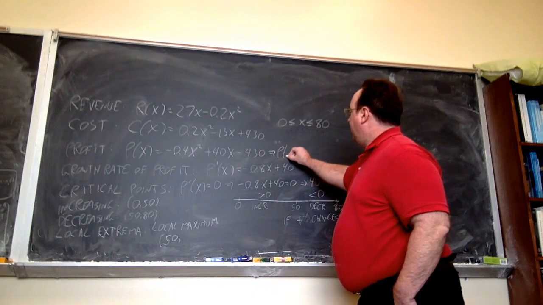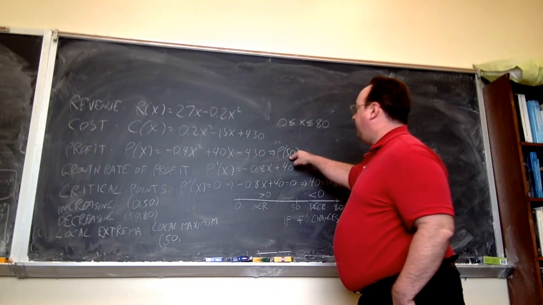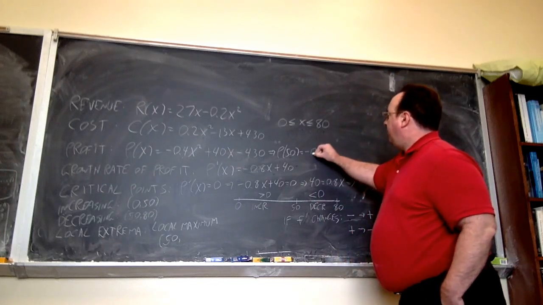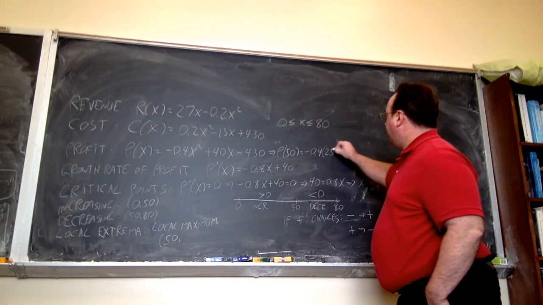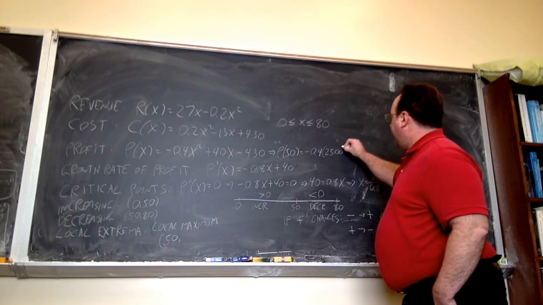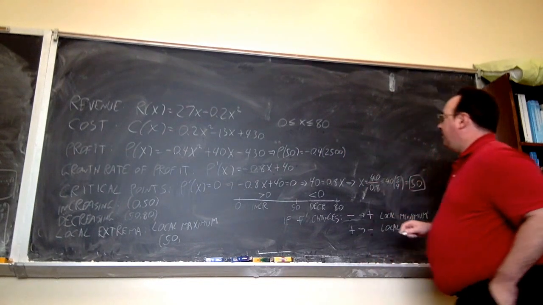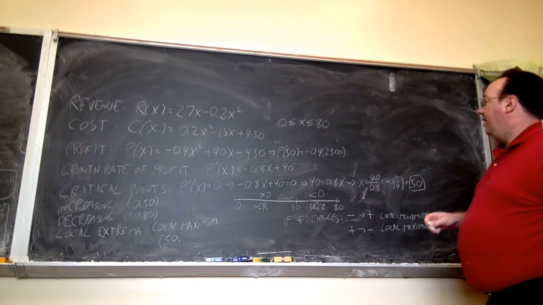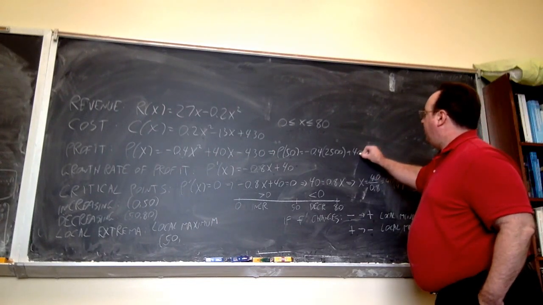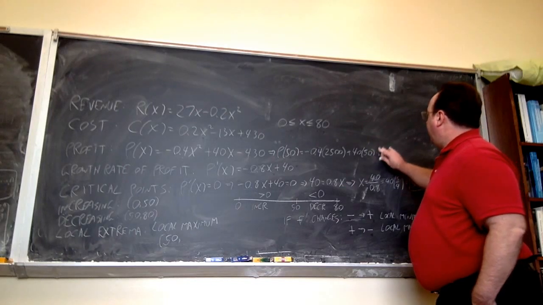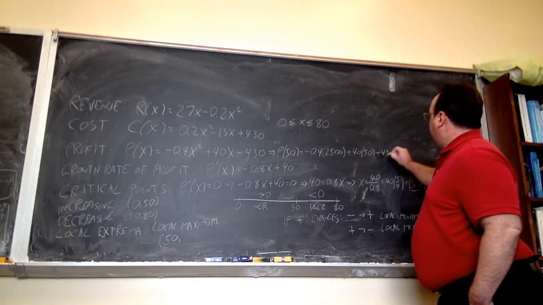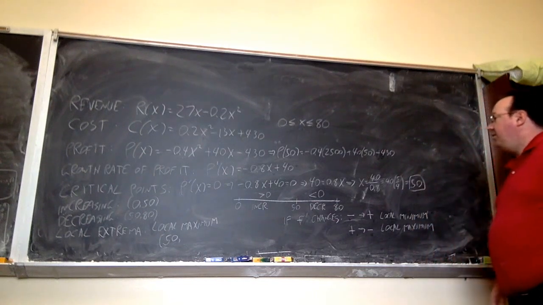So if I substitute x equals 50 in here, I get minus 0.4 times 50 squared, which is 2,500. Okay. So then I have plus 40 times 50 minus 430.